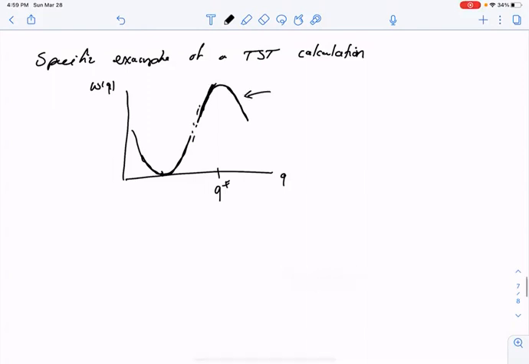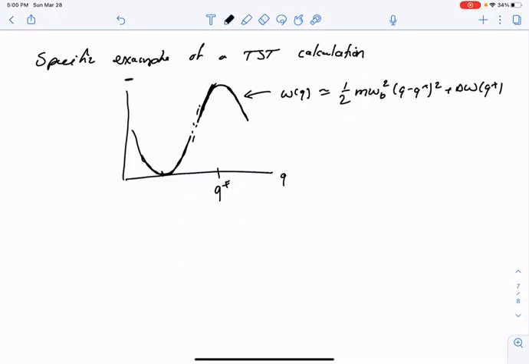Such that near the barrier, omega of Q is, to a good approximation, 1/2 m some characteristic frequency, omega B squared, (Q less Q star) squared, plus some offset, delta omega of Q star.